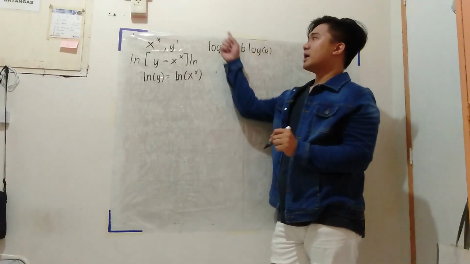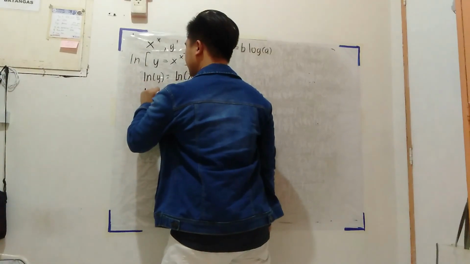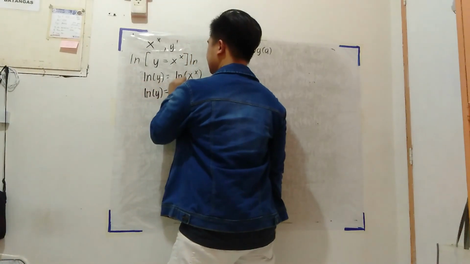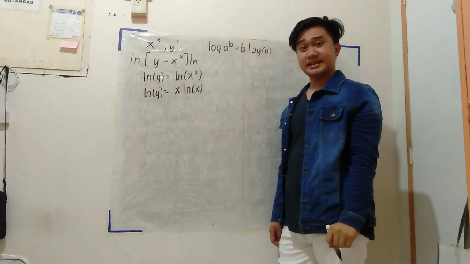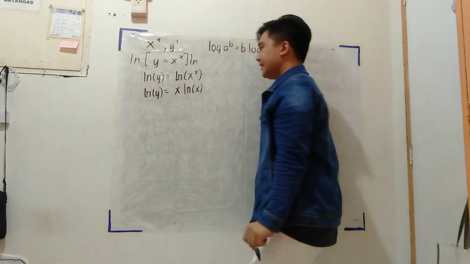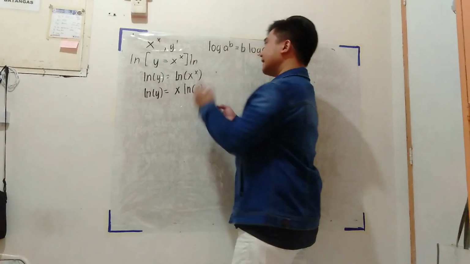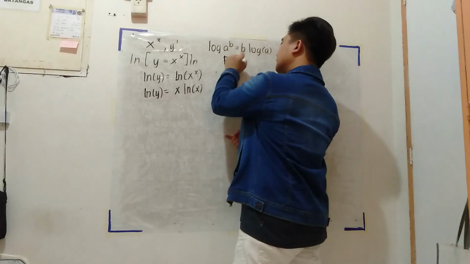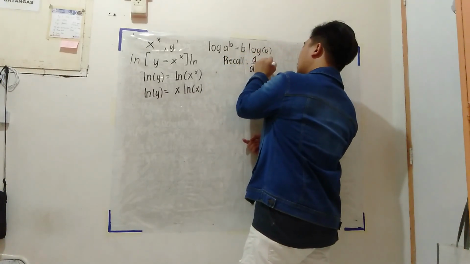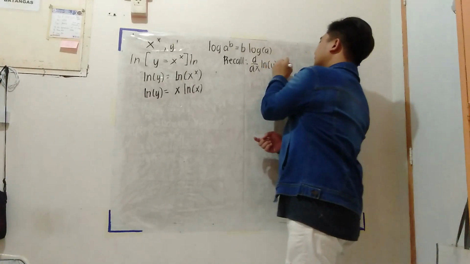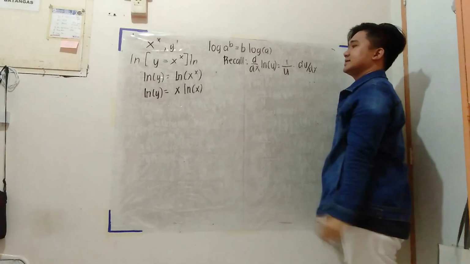Or simply, the exponent drops down. So, ln of y is equal to x ln of x. Isn't it easier? Okay. And then guys, let's differentiate this implicitly. Again, recall, if we have the derivative of ln of u, that will become 1 over u times du dx.